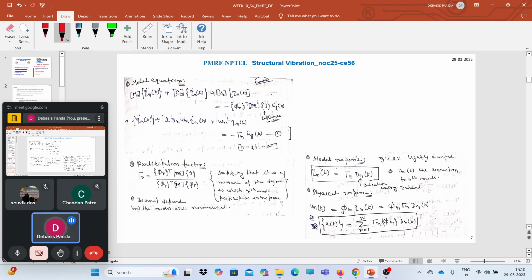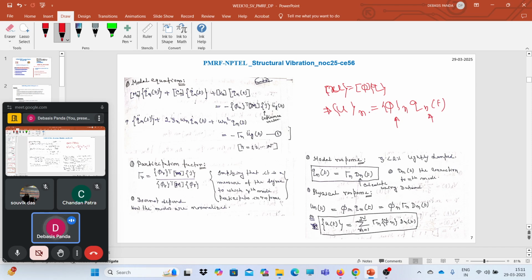So in the modal equation, if we use the transformation x or u equals phi into q, in matrix and vector form it will look like that, and for the nth degree of freedom u n will be nothing but phi n and qn of t. So this is independent of time, and this depends on the time parameter.